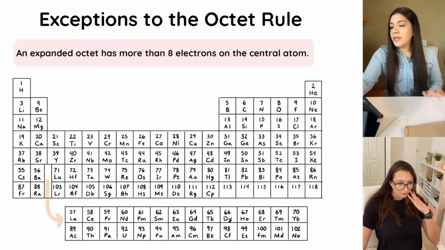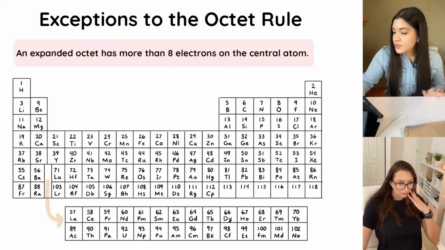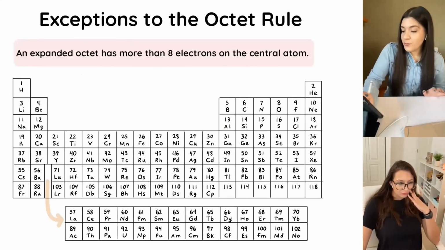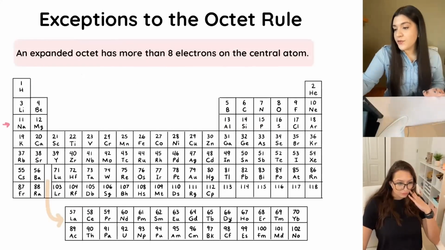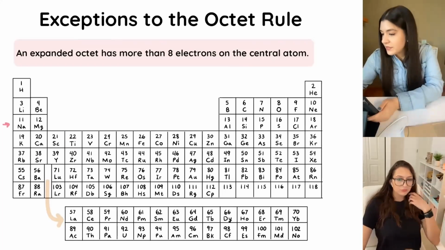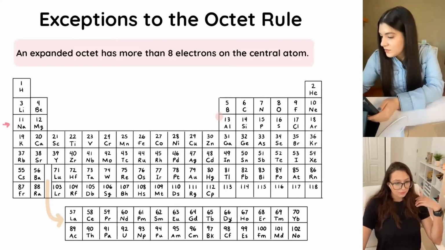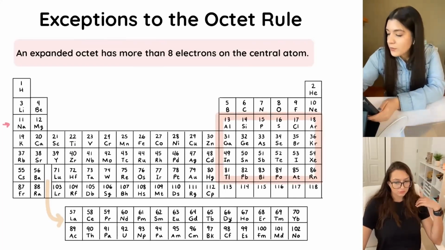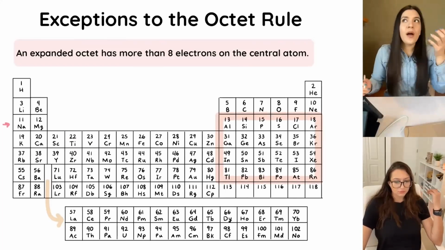So the place that it's going to actually start is going to be the 3rd row. So this is the 3rd row, but specifically, it's going to be here. So the 3rd row, and then below. So in your book, it's probably going to say the 3rd row and above.